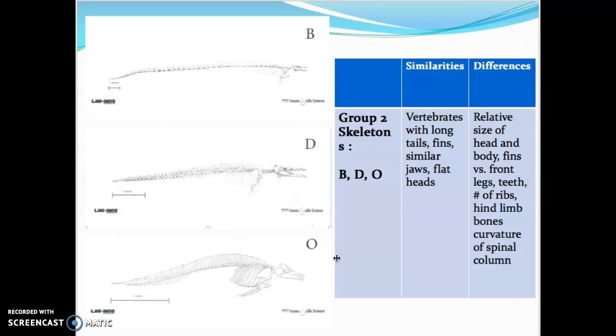If I look at their differences, the size of their head is very different. B has a much smaller head in proportion to the rest of its body. And then fins versus front legs. This looks a lot more like a fin than the other two.